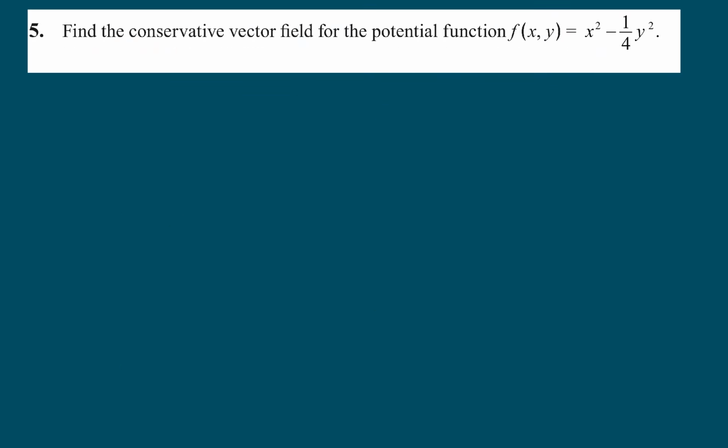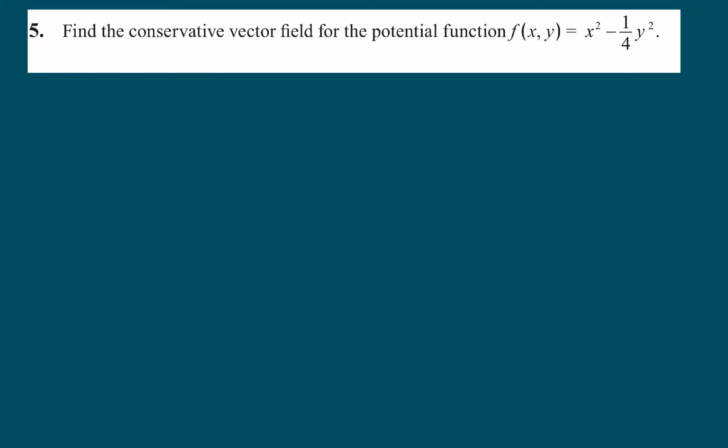Now, problem number 5 says, find the conservative vector field for the potential function f of xy equal x squared minus 1/4 y squared. If they say that a potential function exists, it means that the vector field is conservative. Otherwise, it will not exist. So this problem is almost the opposite.